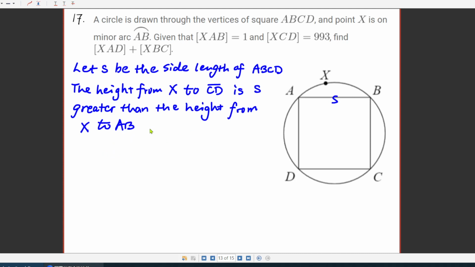The difference is S. Then we can let the height from X to AB be H.